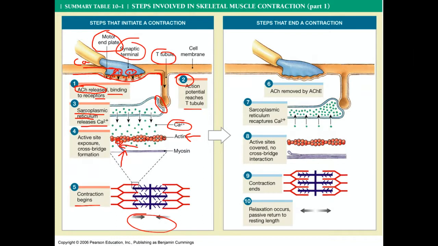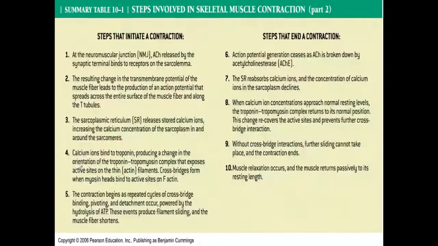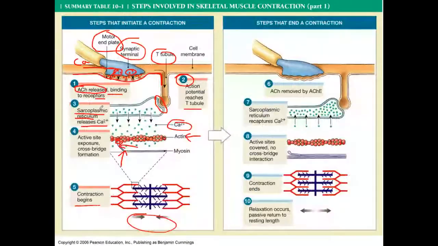All right, so these steps, 1, 2, 3, 4, and 5 on the left are going to be found on this page, 1, 2, 3, 4, 5. Let's go back here. The steps that end a contraction. Well, if acetylcholine was responsible, then we need to remove the acetylcholine by using an enzyme called acetylcholine esterase.